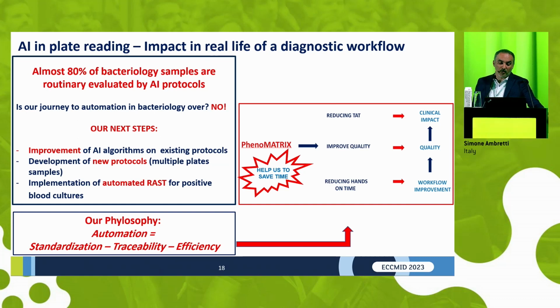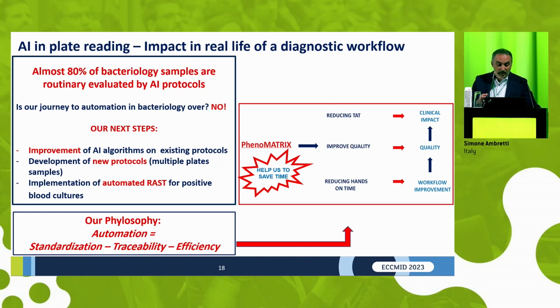But our journey to automation in bacteriology is not yet over. We are working on the improvement of existing protocols, and we are also working on the development of new protocols, including multiple plate samples. Moreover, I would like to implement automated rapid AST for positive blood cultures.